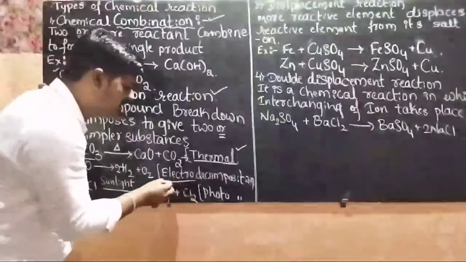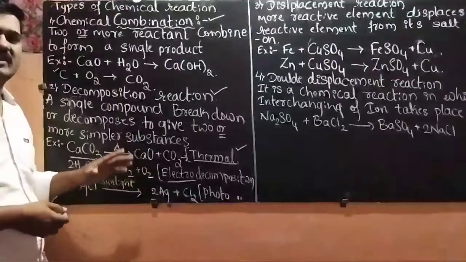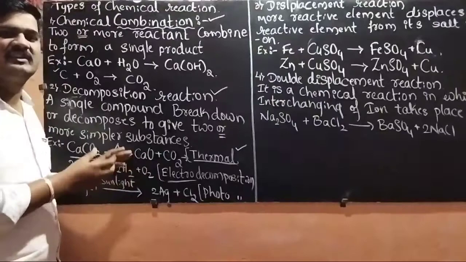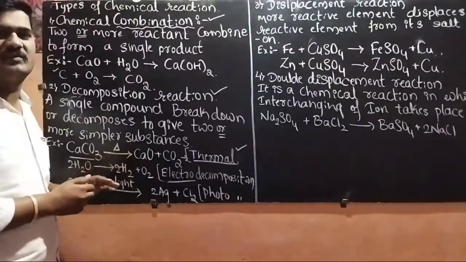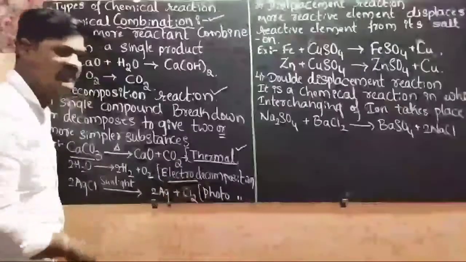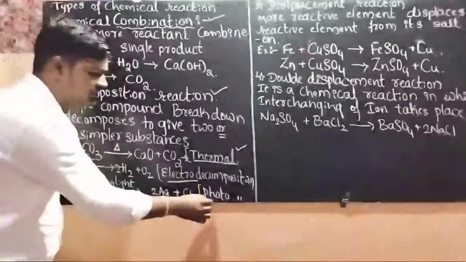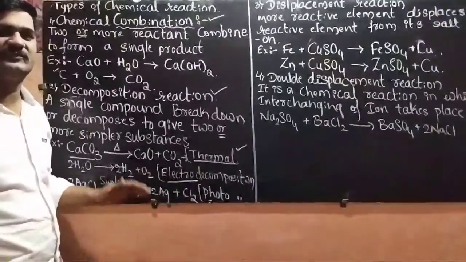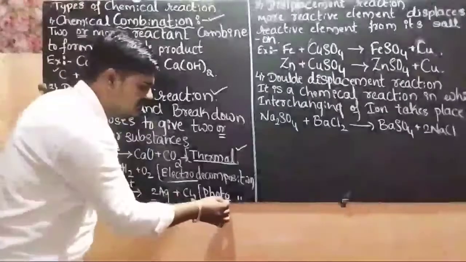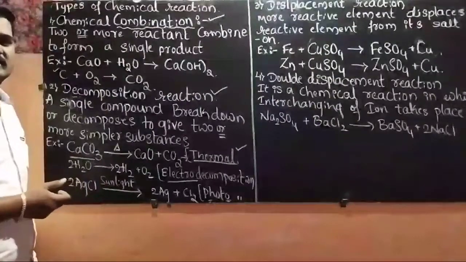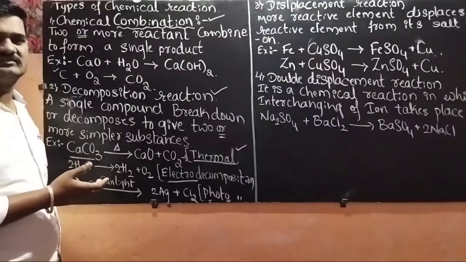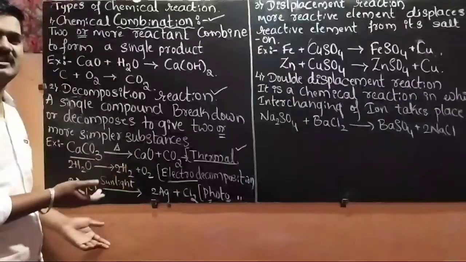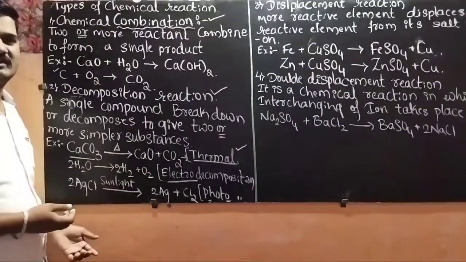Electrolytic decomposition means we use electrical energy for the decomposition of the compound. Photo means the light energy we get from the sun, so photo decomposition is the decomposition reaction taking place in the presence of sunlight.